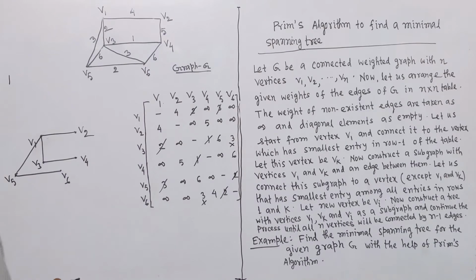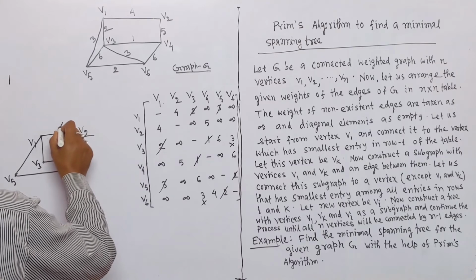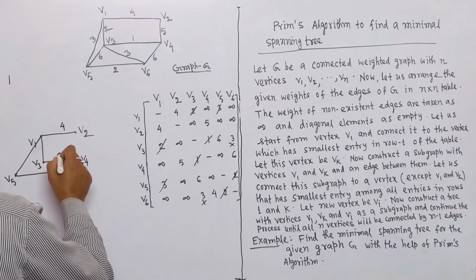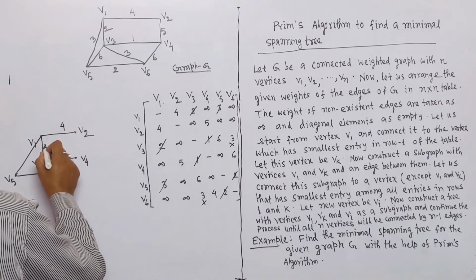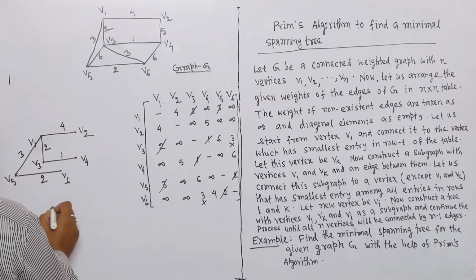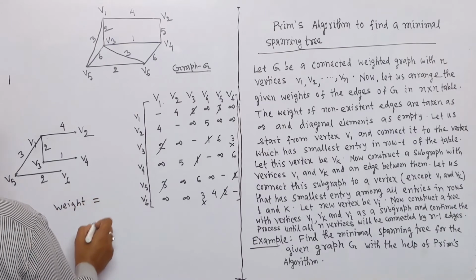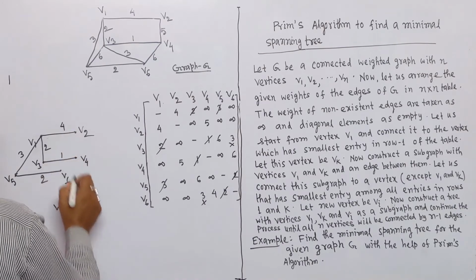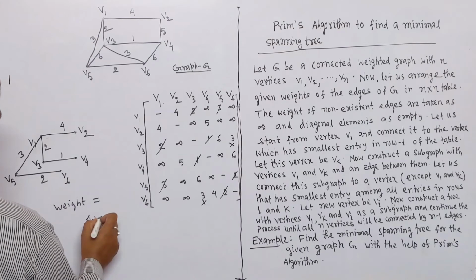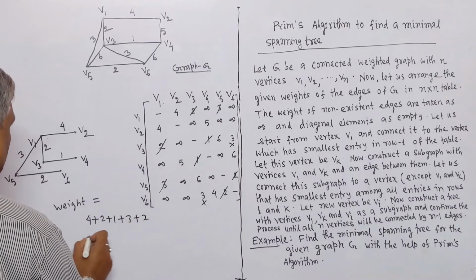And now we find the weight of this spanning tree. Here weight 4, here 1, here 2, here 3, here 2. Weight equals 4 plus 2 plus 1 plus 3 plus 2.